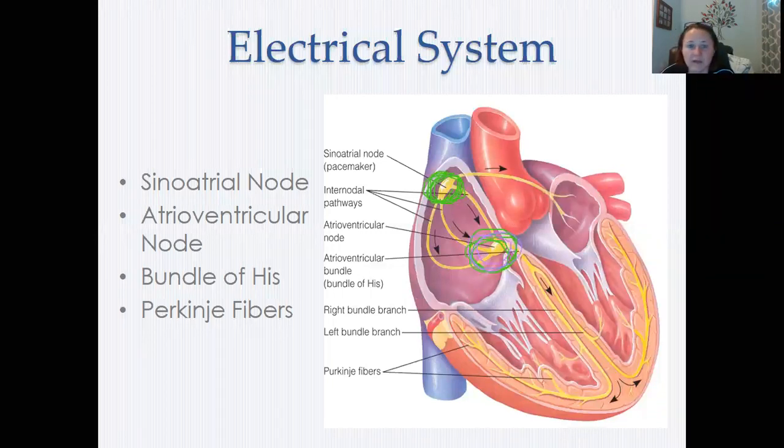Your AV node collects the electricity that has been fired off by your SA node. It holds the signal and controls that electrical impulse down into the lower chambers of your heart so that we don't have craziness happening. So it goes SA node down to the AV node, which holds it there and collects it before shooting it off into your ventricles.